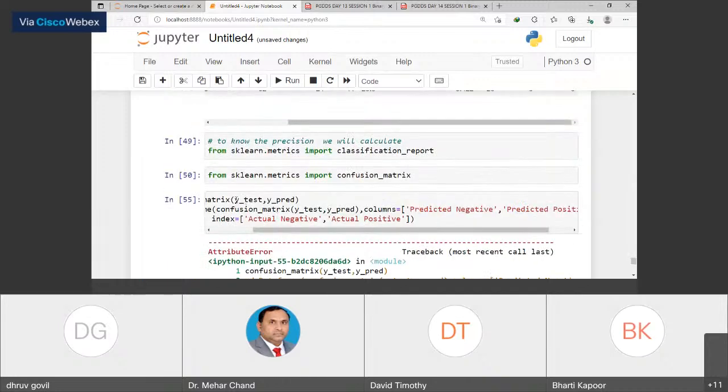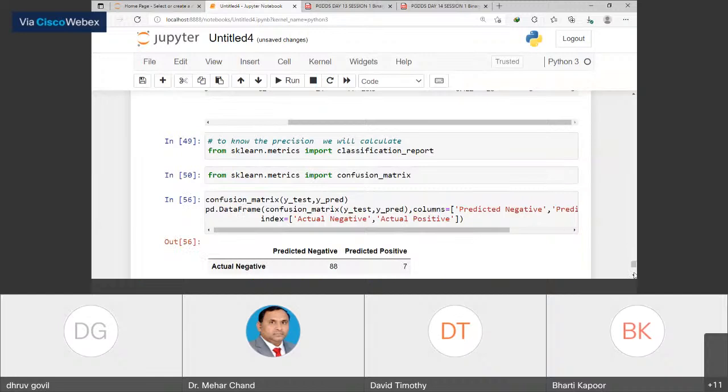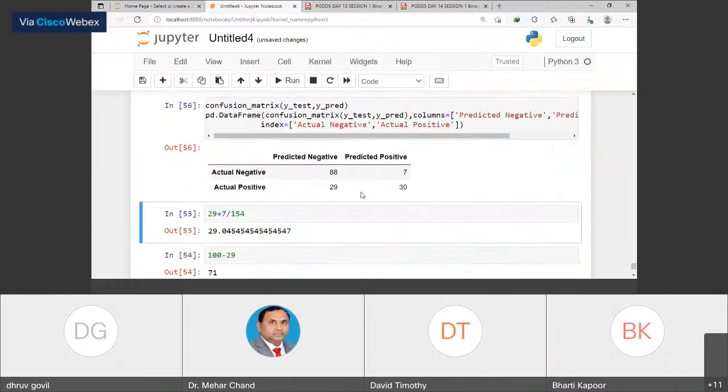Oh, sorry, the spelling mistake is the capital F. See this, now it looks good.